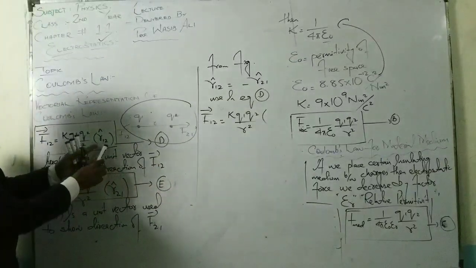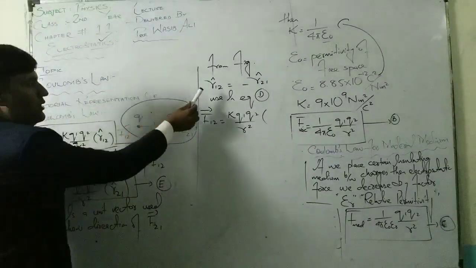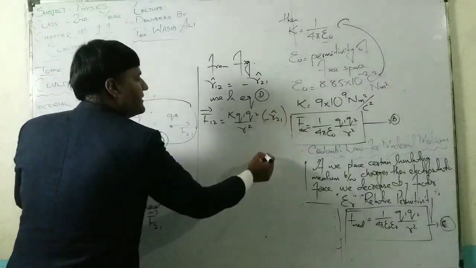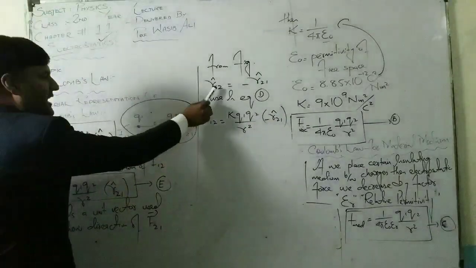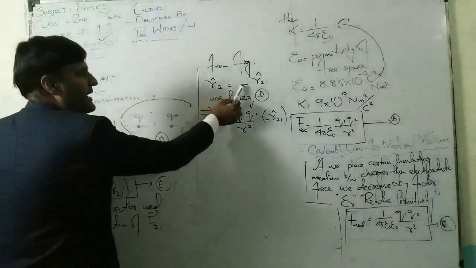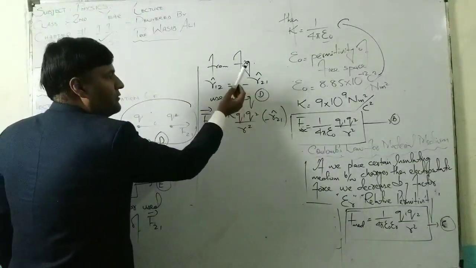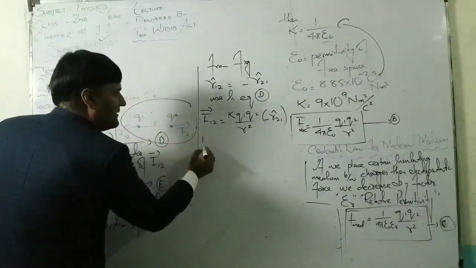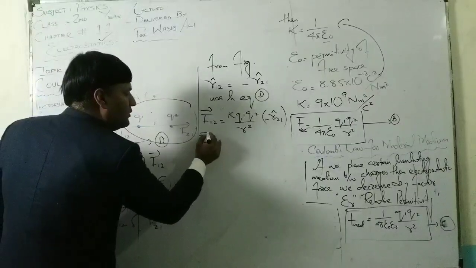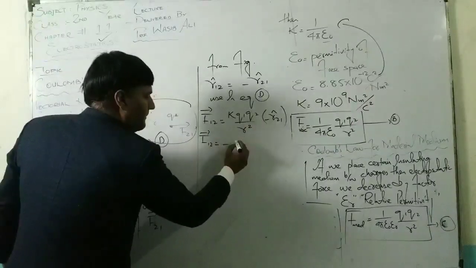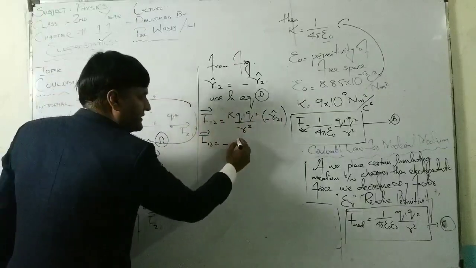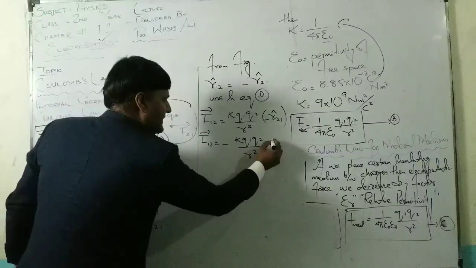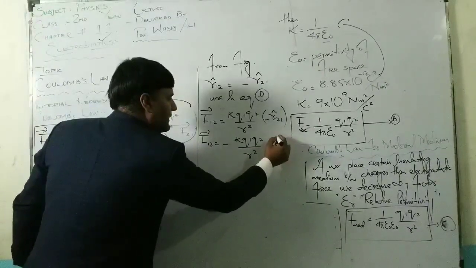Now here, in the place of R12 cap, we introduce minus R21 cap. We have replaced R12 cap in equation number D with minus R21 cap, that is, putting the value of this equation in equation number D. So it can be written as F12 is equal to minus K Q1 Q2 divided by R square into R21 cap.